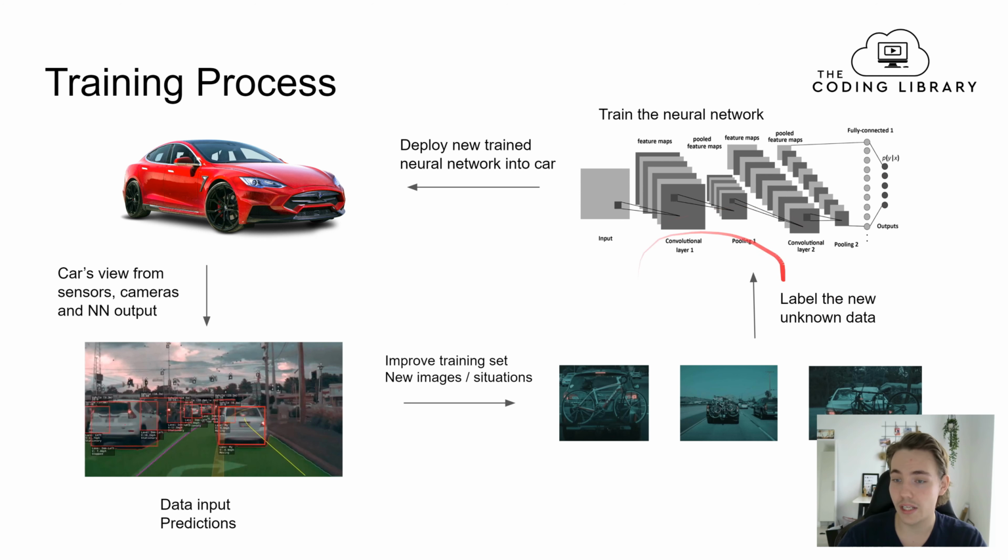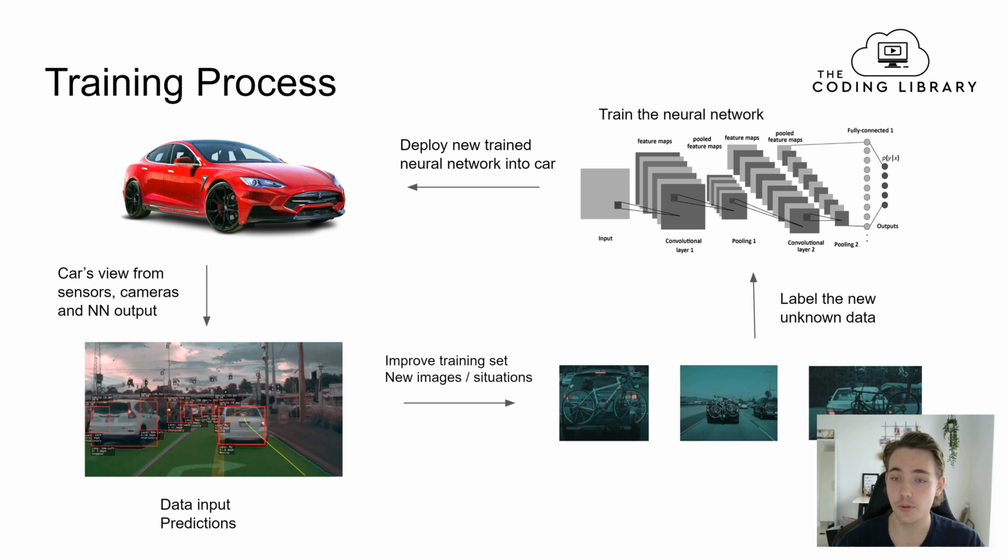So we label the new data and feed it to our convolutional neural network, and then we do the backpropagation in the neural network and train it. When the neural network has been trained for many more hours, we can deploy the newly trained neural network into the car, and then the process keeps repeating, getting new inputs and new situations that it hasn't seen before.